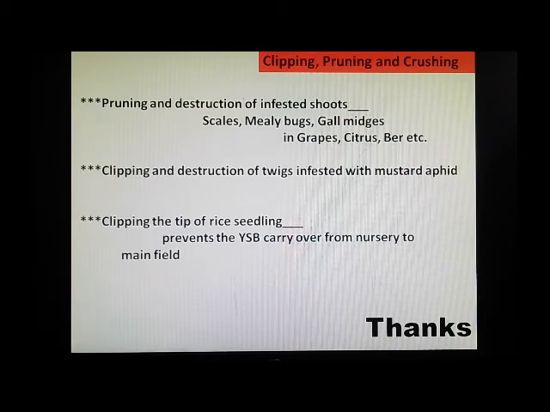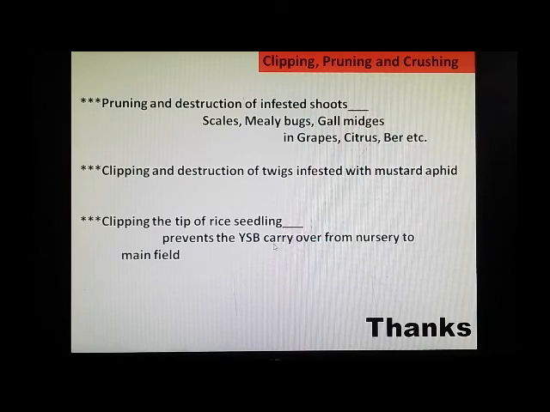So whenever the time of transplanting comes, clipping the tips of the rice plants and destroying those can actually destroy the yellow stem borer egg masses and prevent the main field of rice plant from the infestation of yellow stem borer, which is a very important pest.